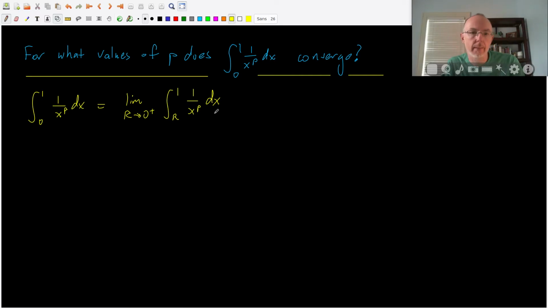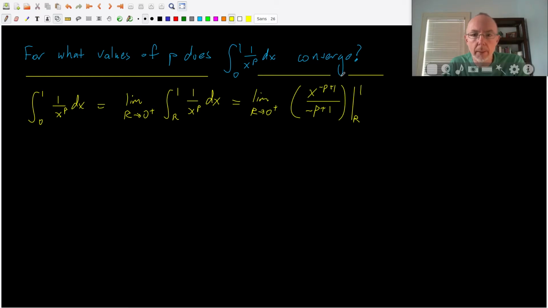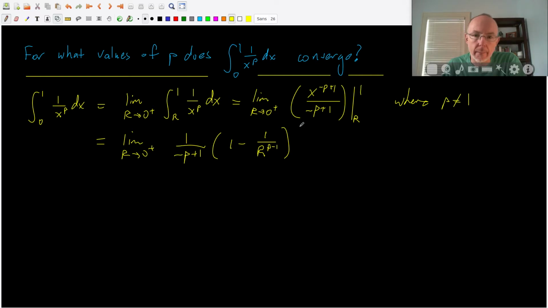So doing that, again, the integral is reasonably straightforward. This is x to the minus p, so we get x to the minus p plus 1 divided by that same value. And again, we're going to ignore p equals 1 because otherwise that would be a problem. And then we need to take the limit. So just plugging in those values and factoring out the denominator there, because it's just a constant, we end up with this.